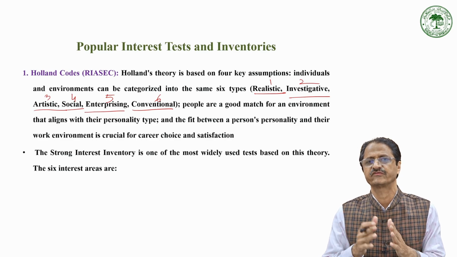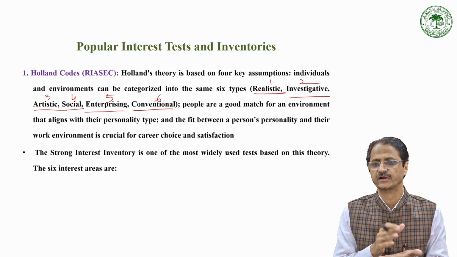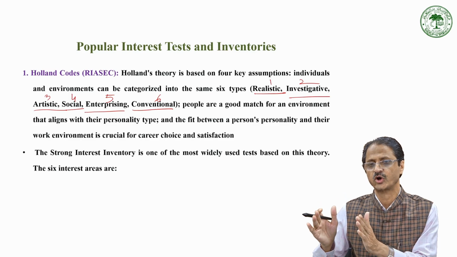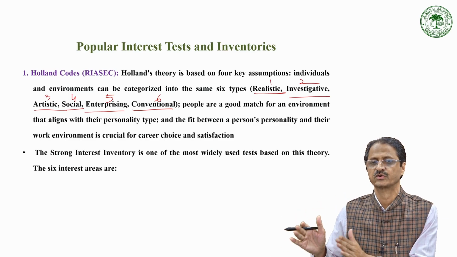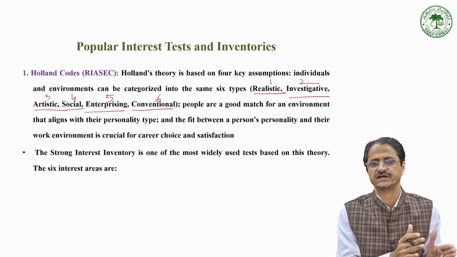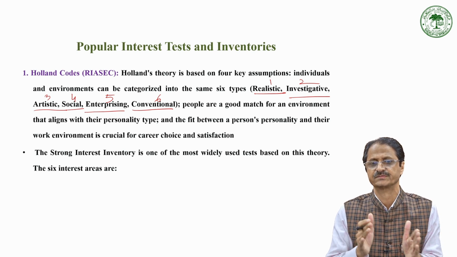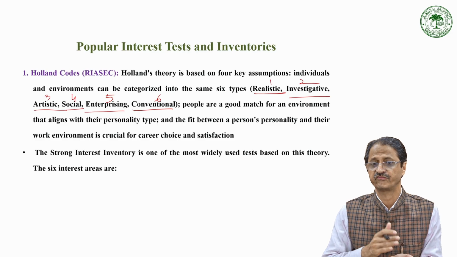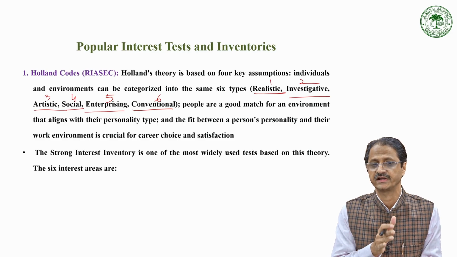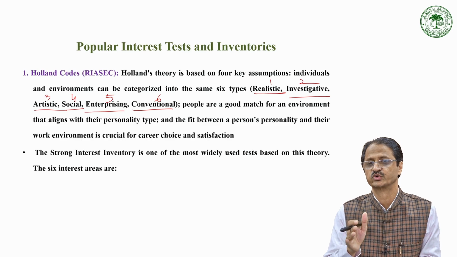So people are a good match for an environment that aligns with their personality type. Job opportunities are related to certain characteristic features where certain personality traits can be utilized in a better manner, and the fit between the person's personality and their work environment is crucial for career choice and satisfaction.